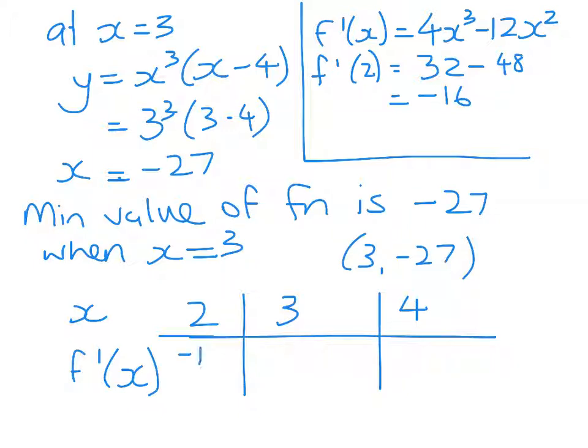So we'll pop that there, and we'll just draw a line showing that it's going down the hill. We know that the gradient at 3 is 0, so it's flat here, and we evaluate the gradient on the other side. So 4 times 4 cubed, it's going to give me 256 minus 12 sixteens, so minus 192.